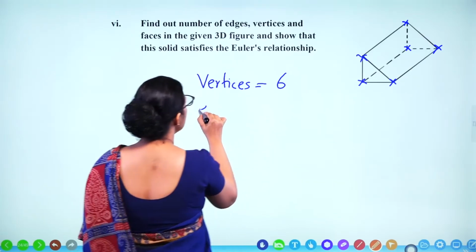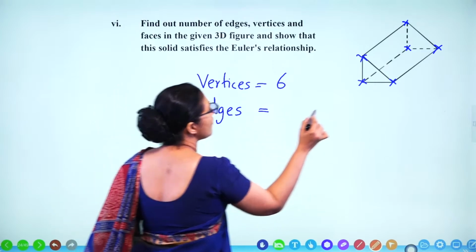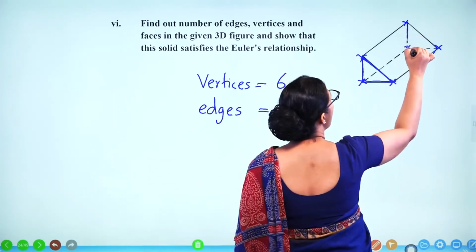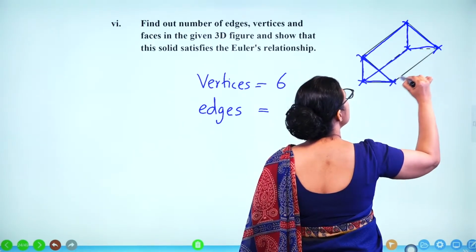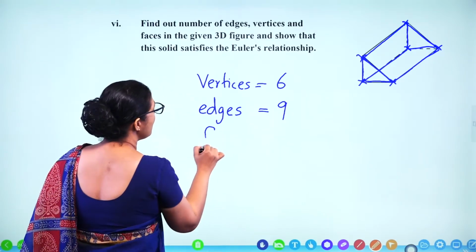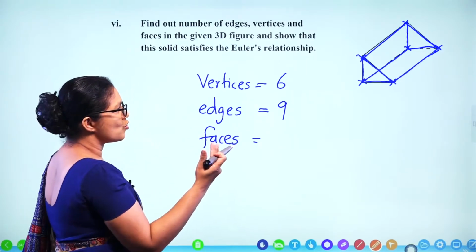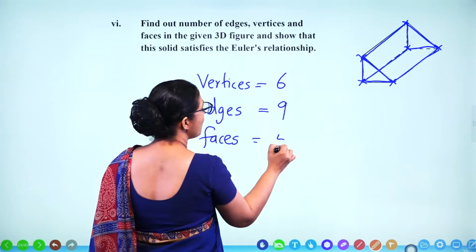Then edges: 1, 2, 3, 4, 5, 6, 7, 8, 9. 9 edges are there. How many faces? 2 triangles, that's 2. 3 rectangles, 3 plus 2, 5.